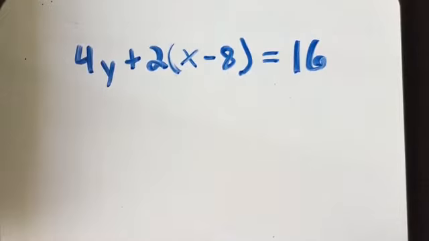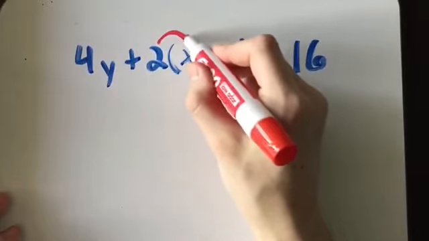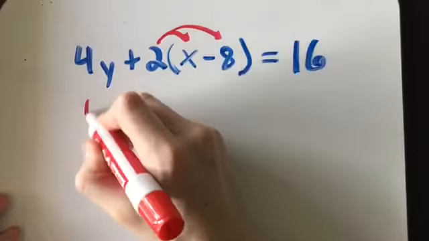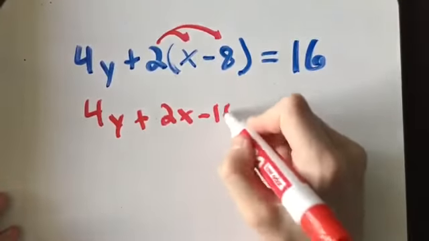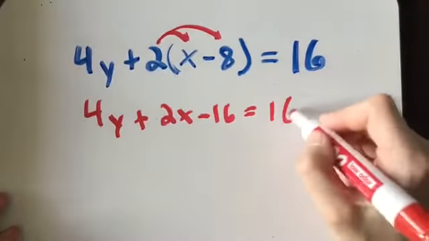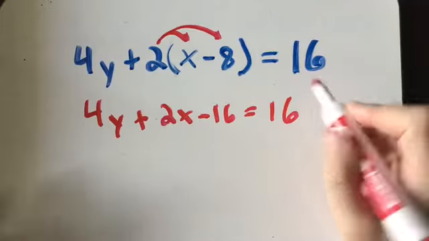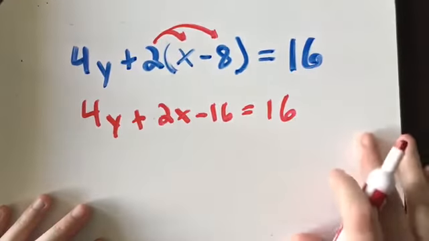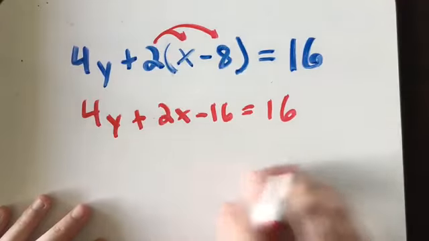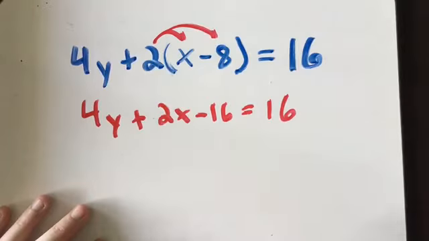So first thing we have to do is get rid of those parentheses. So we distribute: 4y plus 2x minus 16 equals 16. Now we want to isolate the y. I want to get it by itself. So I'm going to start moving my terms over.